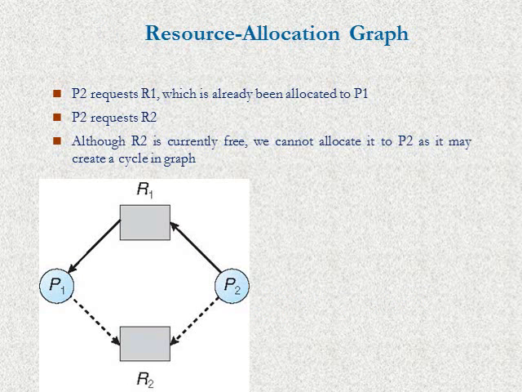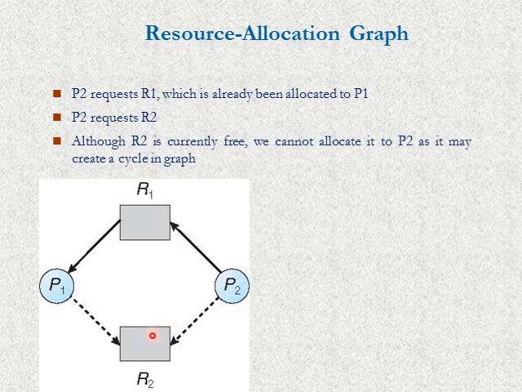Now let's try to understand this through an example. Over here we have two processes and two resources. Assume that the P2 process has requested the R1 resource, which is already allocated to P1. So this P2 requests R2. Although this R2 is free at the moment, there is a potential request from P1 that may be executed throughout the life cycle of this P1.